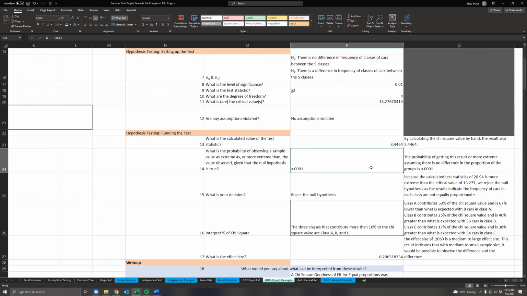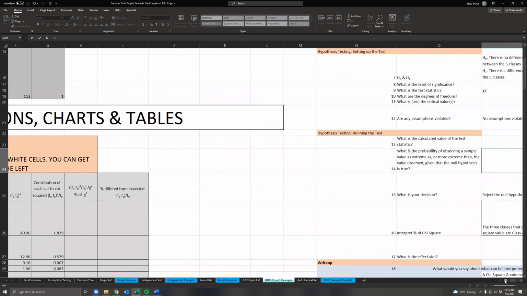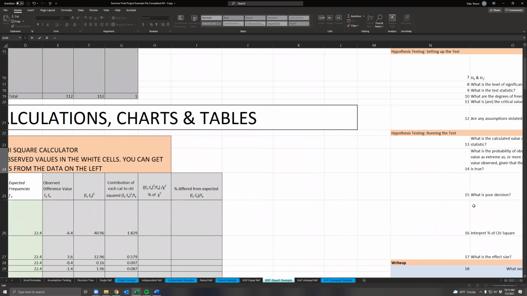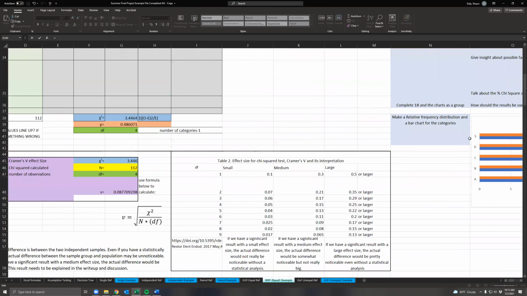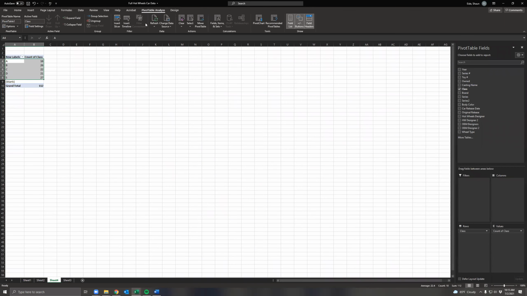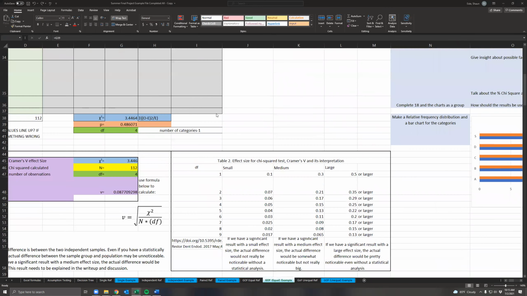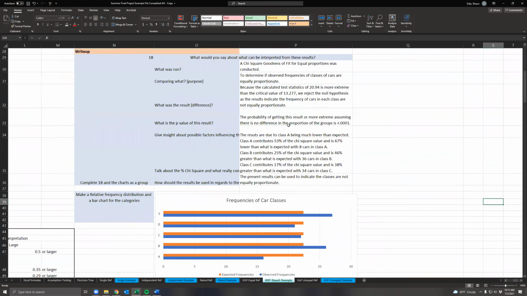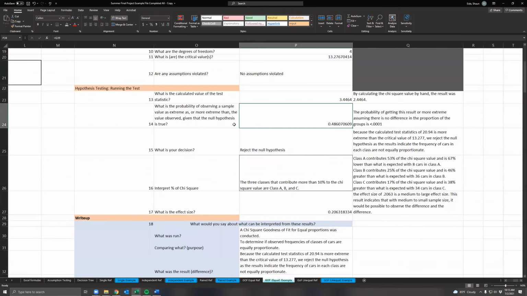So we're just going to do equals, and I'll just tell it to update. Right there. I hate it when it does that. Okay, so we've got the probability, which is right there.